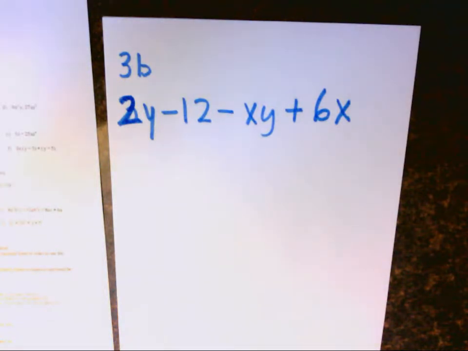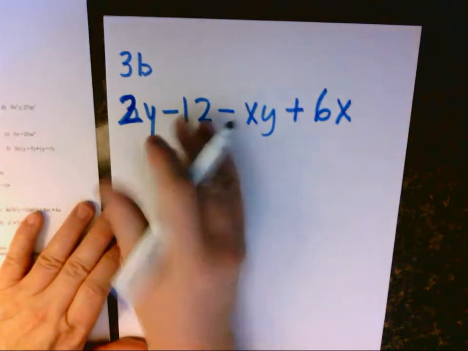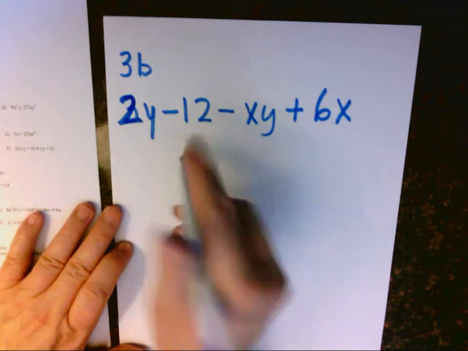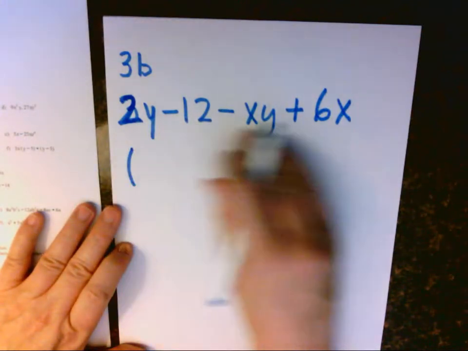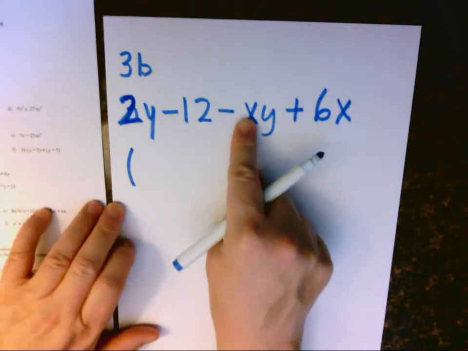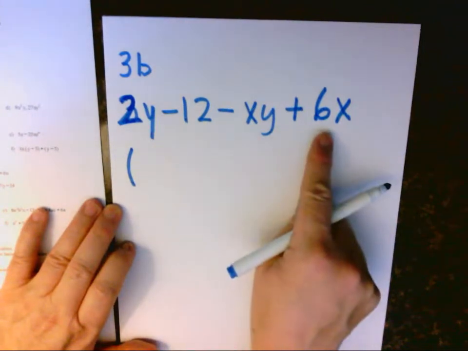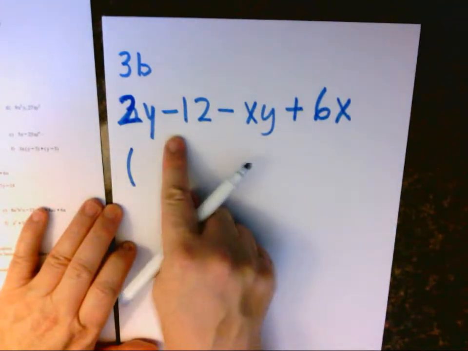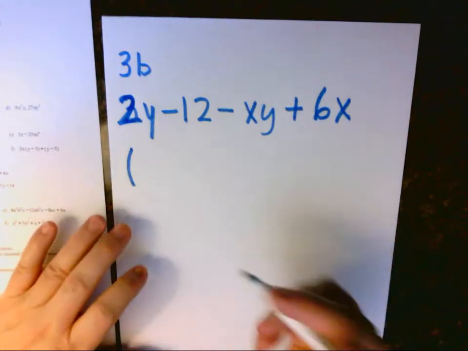We can try grouping these just the way they are. Why do I group? Because if I look at these, is there anything common to everything? This doesn't have a number, except for 1. So no number divides everything. There isn't an x in all the terms, or a y in all the terms. The only hope is to group them so that we have common terms.